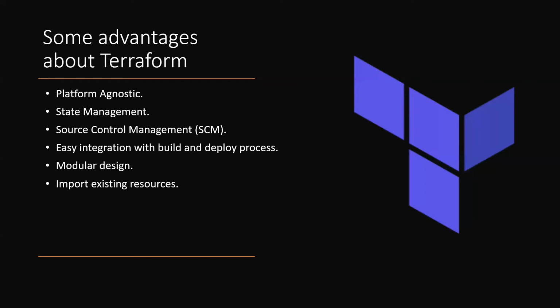That means if you create or change any component manually, Terraform will compare your infrastructure with the state. And then you will see what the difference is between your code and the infrastructure that you already deployed in your cloud provider.